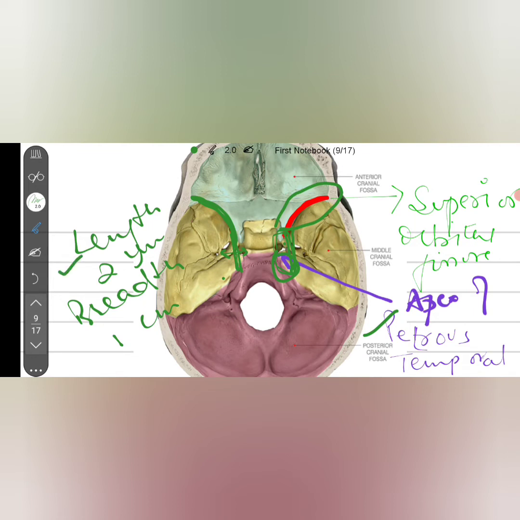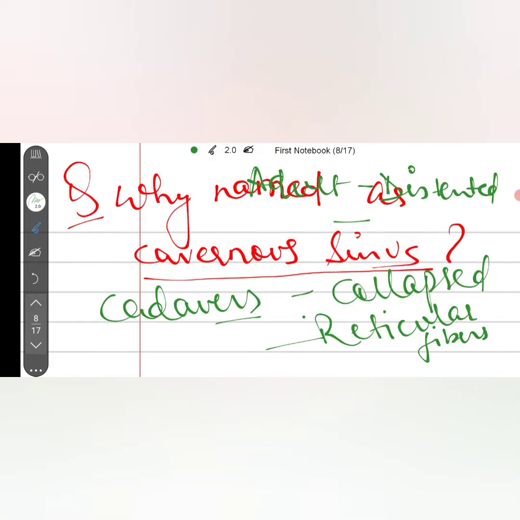Measurement of the cavernous sinus: length is approximately 2 cm and breadth is 1 cm. So why is it termed the cavernous sinus? In cadavers, when we do dissection, we find this sinus is spongy in appearance, in a collapsed position.